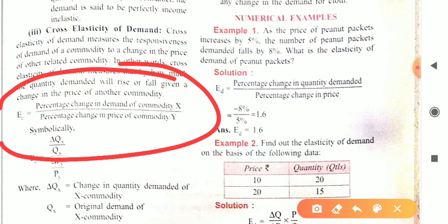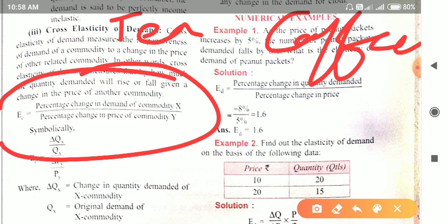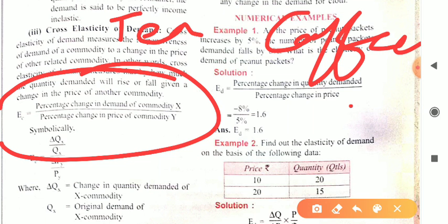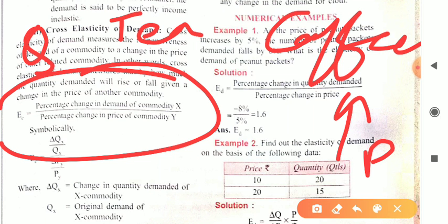We can see the formula: cross elasticity of demand equals percentage change in demand of commodity X divided by percentage change in price of Y. Suppose we have tea and coffee. When the price of coffee increases, due to this increase in price of coffee, how much does the quantity of tea increase or decrease? When we measure these terms, the price of coffee and the quantity demanded of tea, then we are measuring cross elasticity of demand. Okay, student.